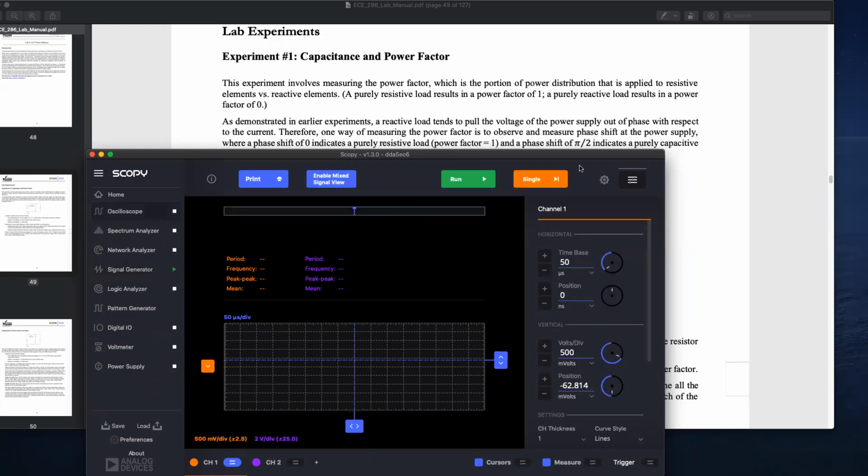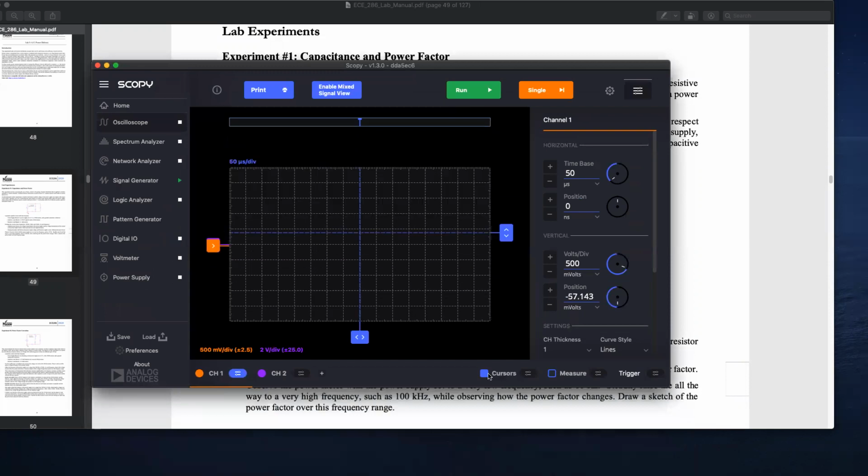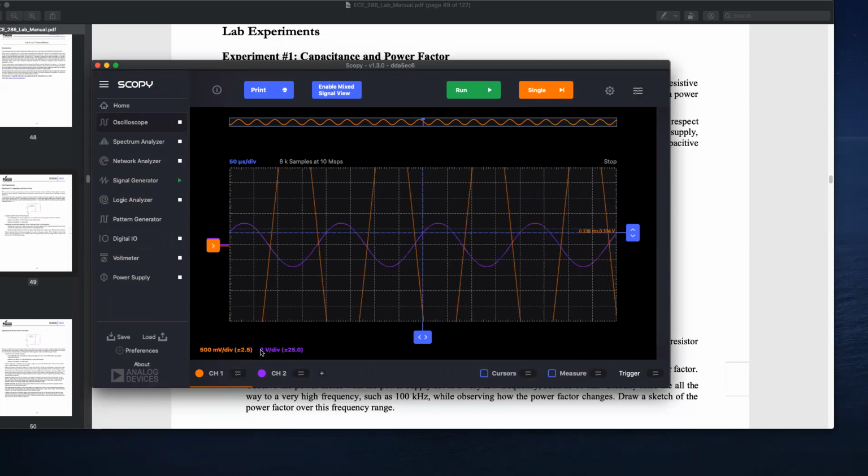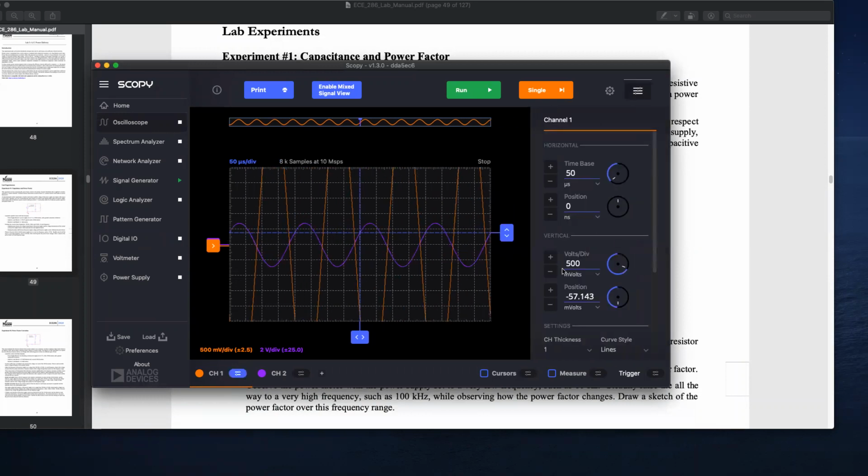Then on my oscilloscope, I'm just going to get rid of all this extra junk and click single. Now channel 1 is way too big, so I need to decrease it, and then click single again. Perfect.